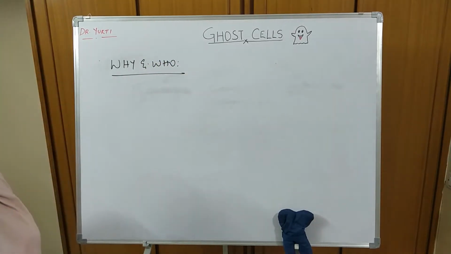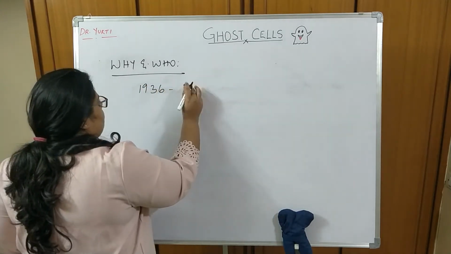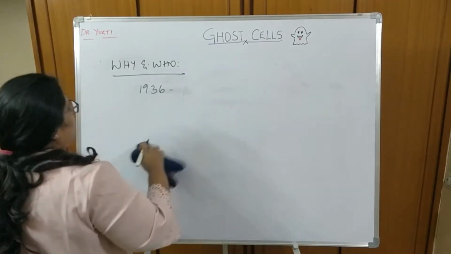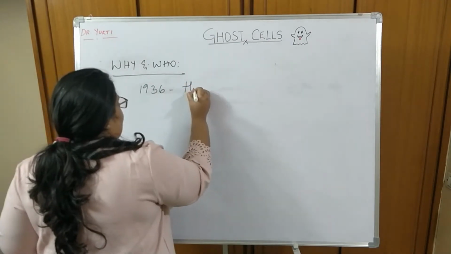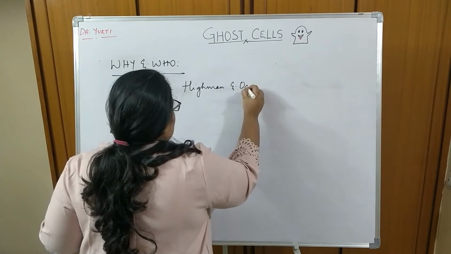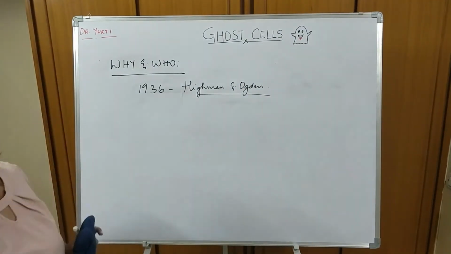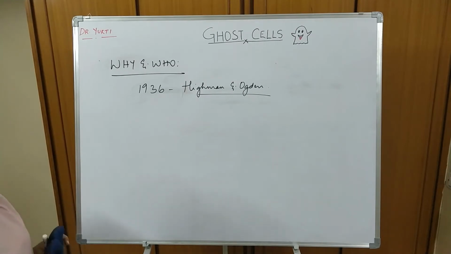In 1936, Hyman and Ogden were the two authors who first saw and described ghost cells. The names of the authors are purely for academic and descriptive purposes. If you want, you can remember, otherwise you can forget also.